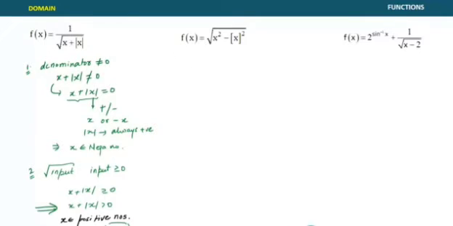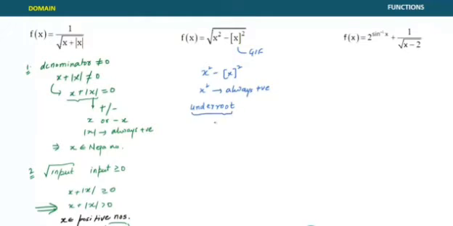Let's apply this in the other problem. It says f(x) is equal to under root of x square minus GIF of x square. Now understand GIF also. Again, let's see what is x square. X square is always positive, and you are given under root. So this function is basically an under root function.